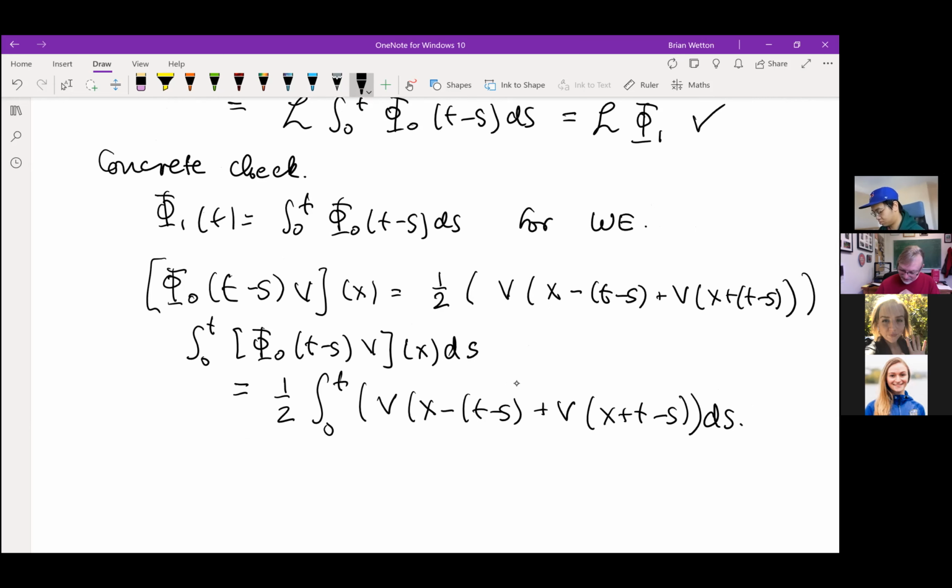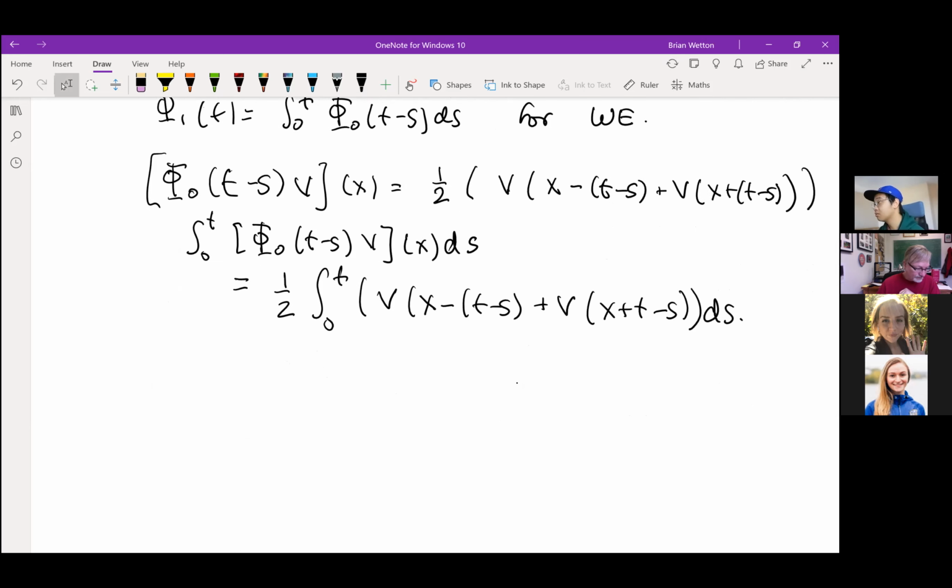And now you have to do a little bit of thinking. I'm integrating v with some arguments. This one has an argument that goes from x minus t to x, and this one has an argument that goes from x plus t to x.